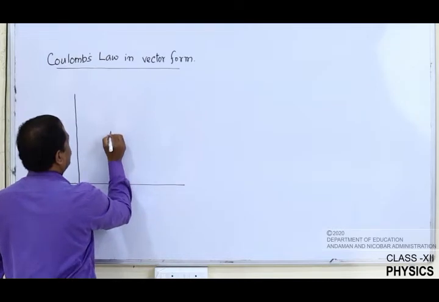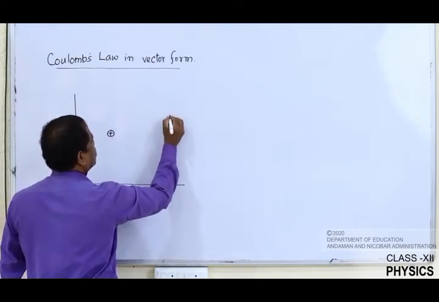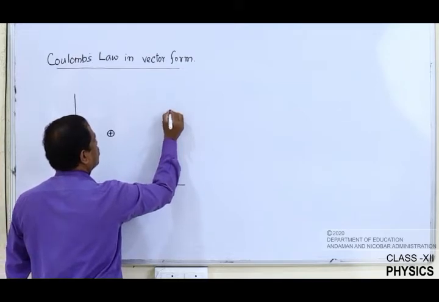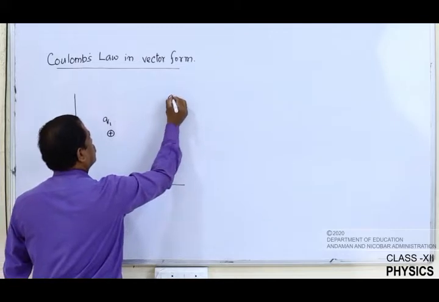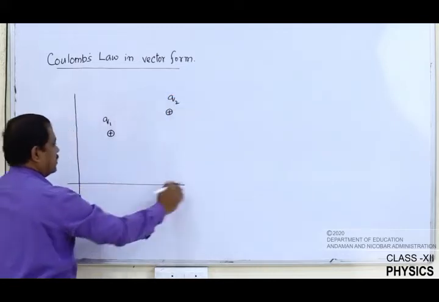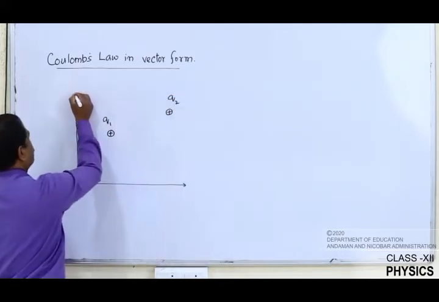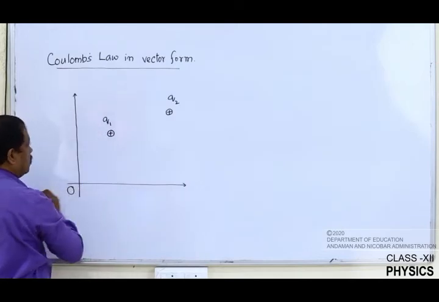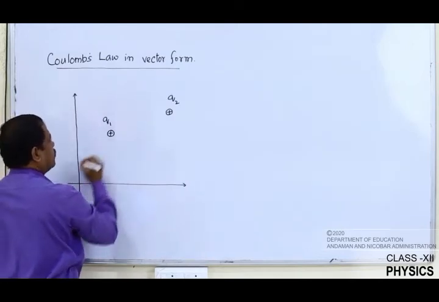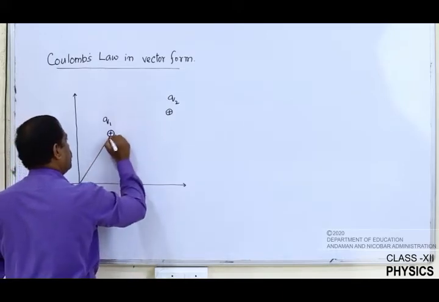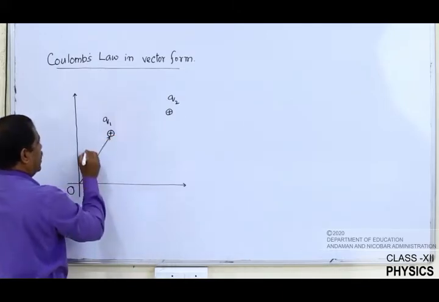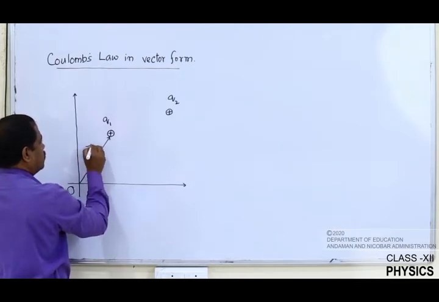So, let us assume one point charge is at this point, another point charge at this point. Let me name it: this is Q1, this is Q2. This is the x axis, this is the y axis, this is the origin. The position at which the charge Q1 is placed is assumed to have a position vector R1.